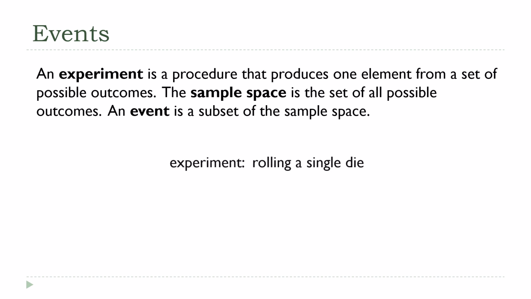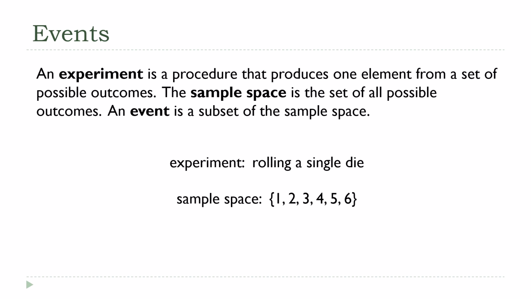So let's say we define our experiment to be rolling a single die. Then the sample space is all of the possible outcomes of doing that. Well, we're assuming this is a standard six-sided die, which means the sample space is the numbers 1, 2, 3, 4, 5, and 6. And an event is any subset taken from that set.